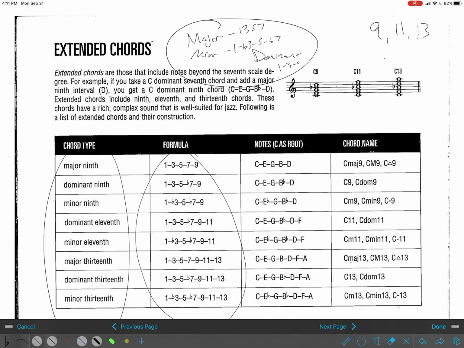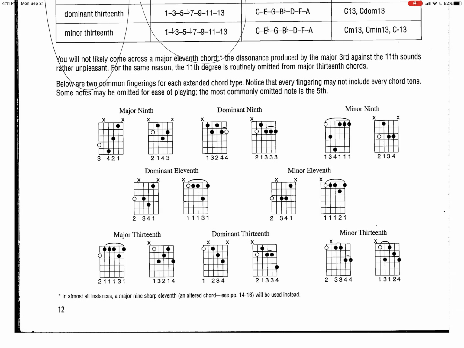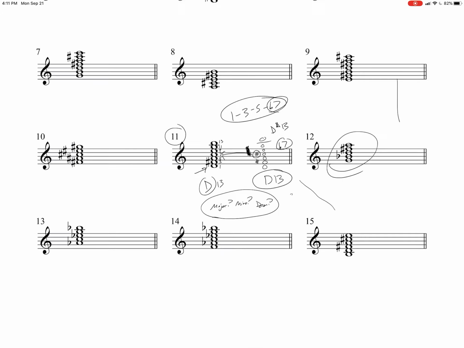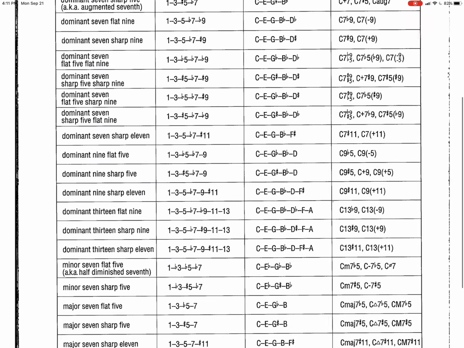And if it's dominant, it's going to be 1, 3, 5, flat 7. So once you get the bottom half of the chord down, then you just say, oh, it has a 9th in it, so it's a dominant 9th. Or, oh, it's major, but it goes all the way up to the 13th, so it's a major 13th. Nothing too crazy, at least in comparison to next week's assignment, which is altered chords, where everything gets very crazy.